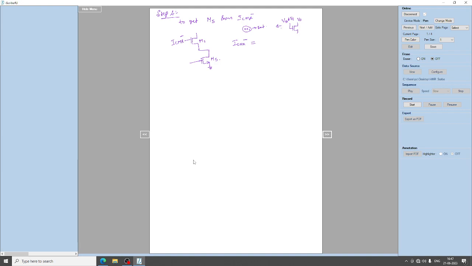I mean, this we have discussed, I think. This is one of the conditions. The ICMR minus is nothing but this VGS plus this VDSAT of this transistor. This ICMR should be VGS1 plus VDSAT of the fifth transistor, right?